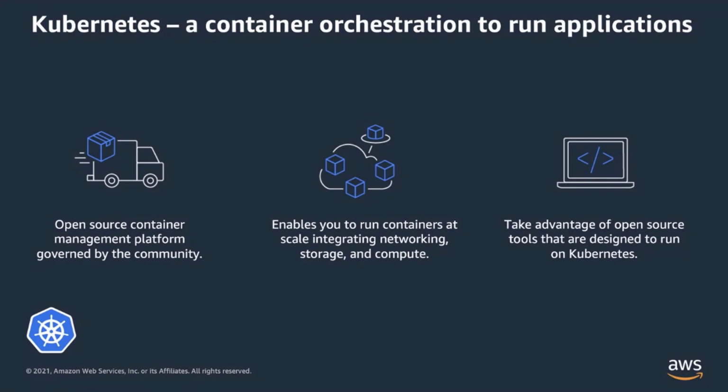In many cases, we find customers have chosen Kubernetes to take advantage of this rich ecosystem of open source and third-party ISV tools around Kubernetes. However, running and managing Kubernetes at scale can be challenging. There's a lot that needs to be done to configure for high availability, ensure that your workloads have the right security posture, and that the deployment can scale to meet variable user demand.